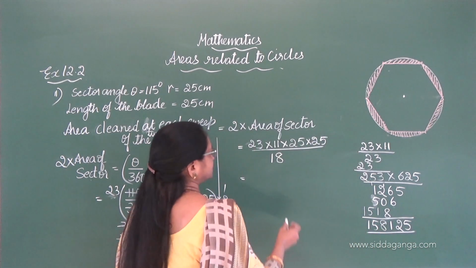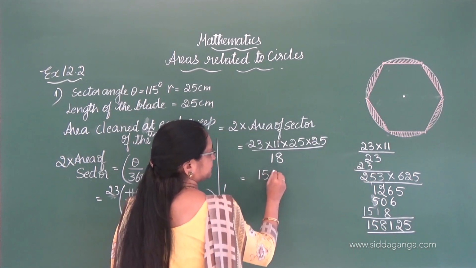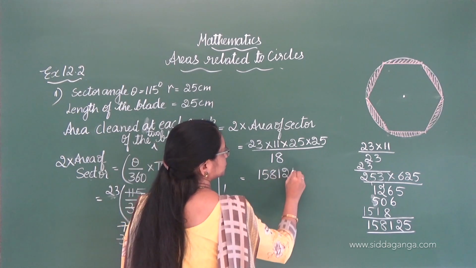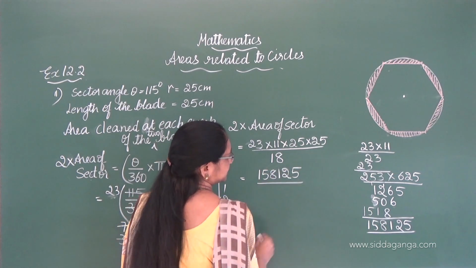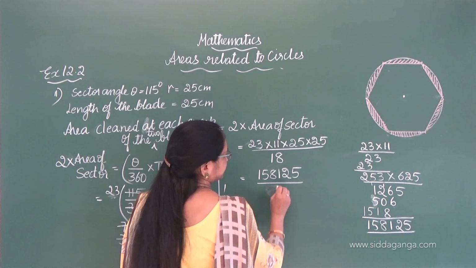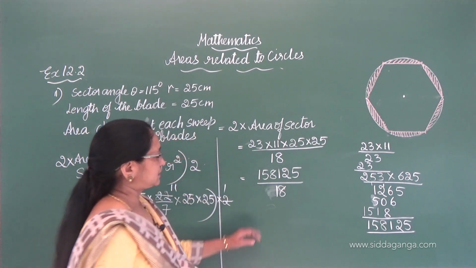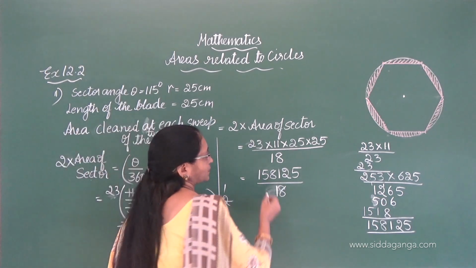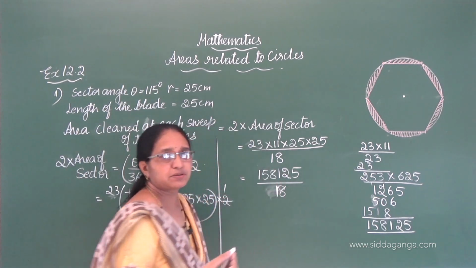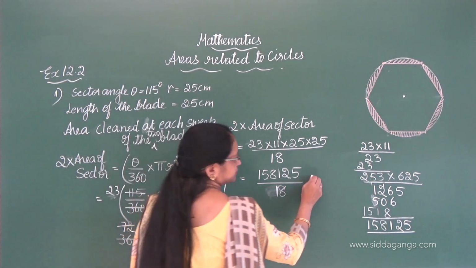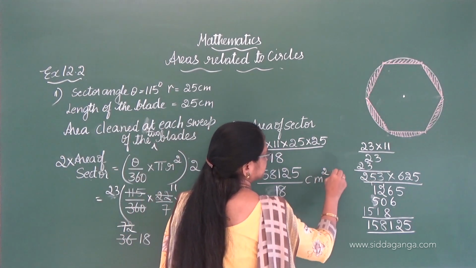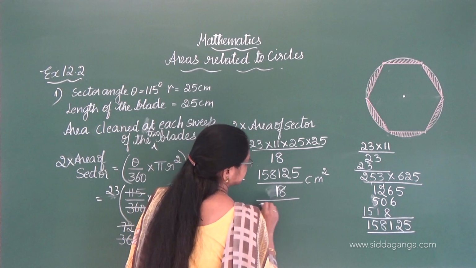So we got the answer 158125 divided by 18. So you can leave it like this only, or you can find out the decimal also. But unit you have to write, that is centimeter square. So this is the answer.